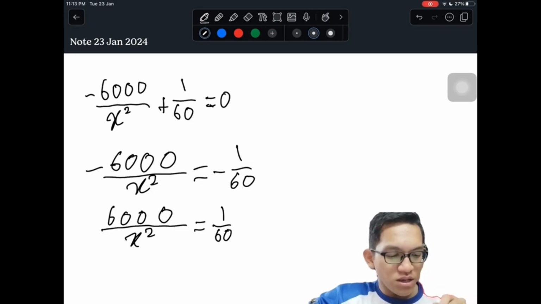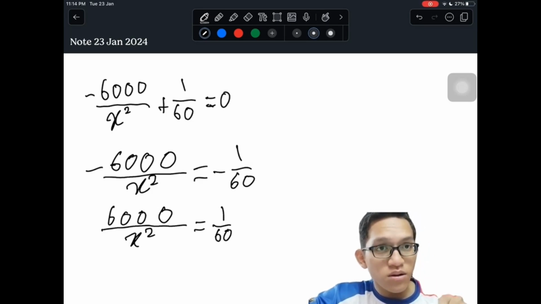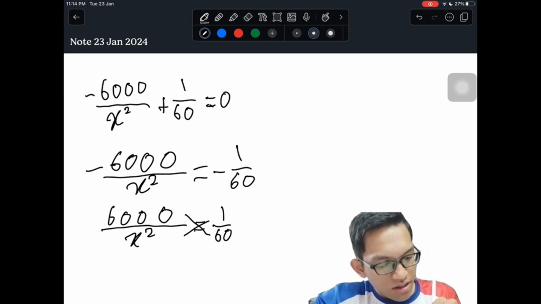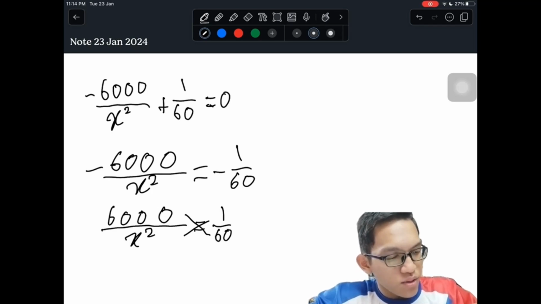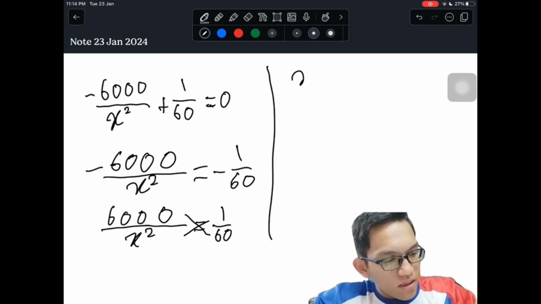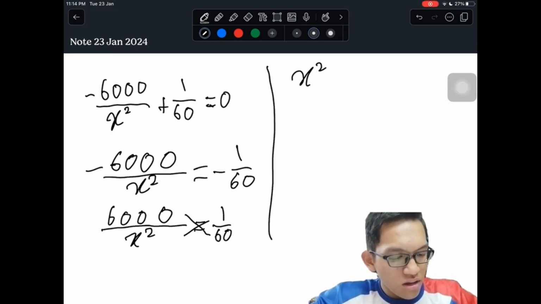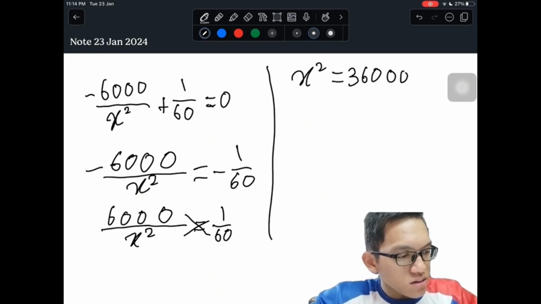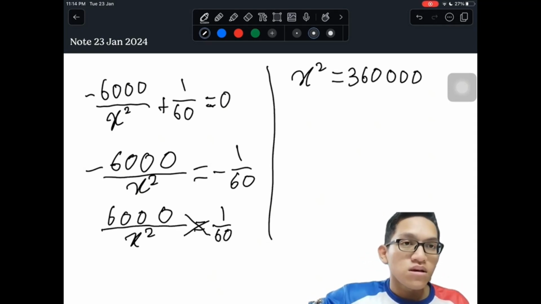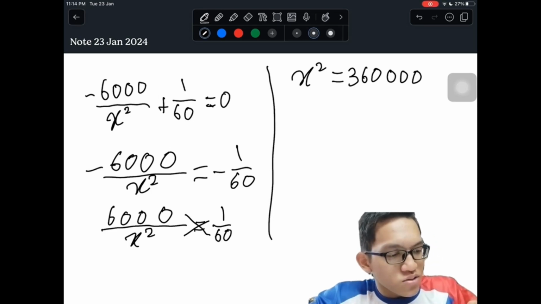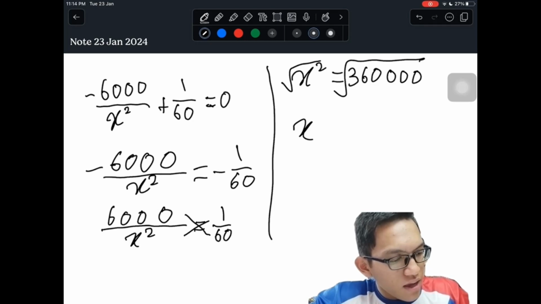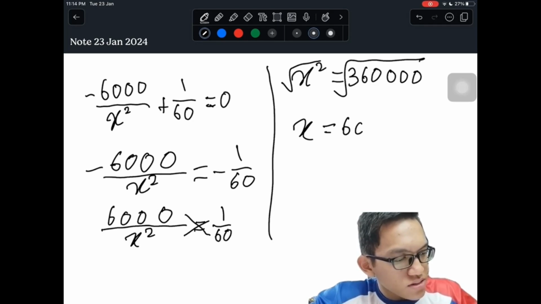To solve this equation, we just need to cross multiply. Then x square is equal to 360,000. Then we just need to square root it, then x is equal to 600.